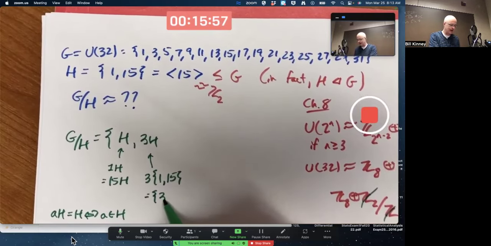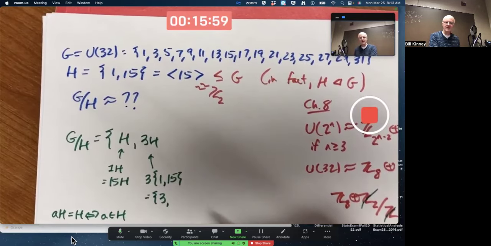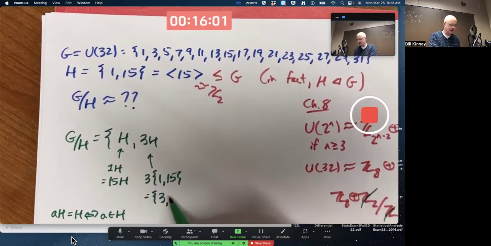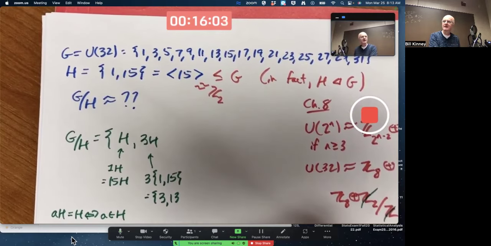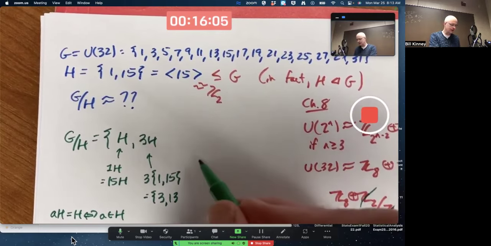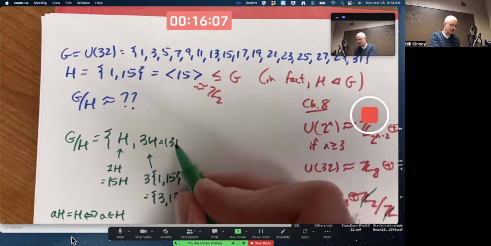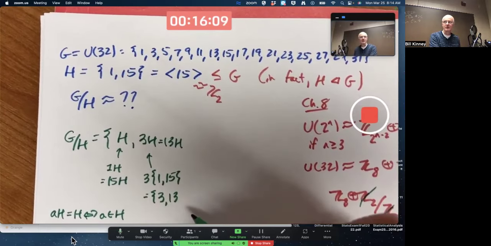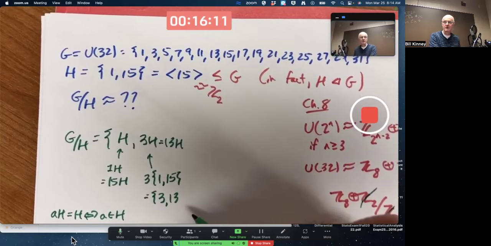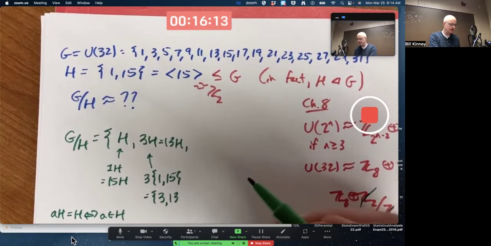So that's 3, and 45 mod 32 is 13. 3 and 13. So you could also write that as 13H, though 3H is good enough. You only need one representative. So now we've used 1, 15, 3, and 13.